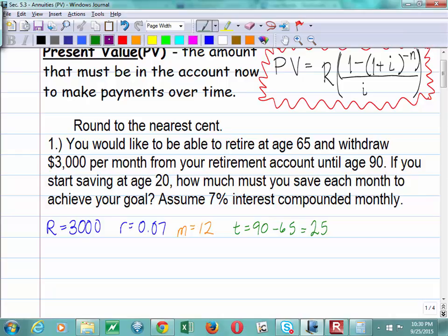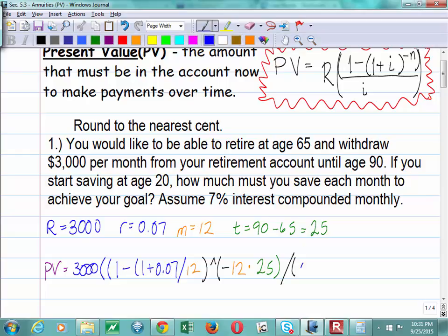So we use that formula. 0.07 over 12 to the power of negative 12 times 25 and then divided by 0.07 over 12.